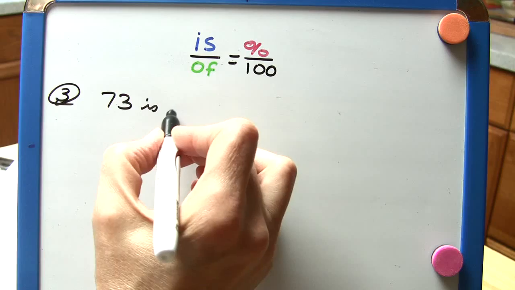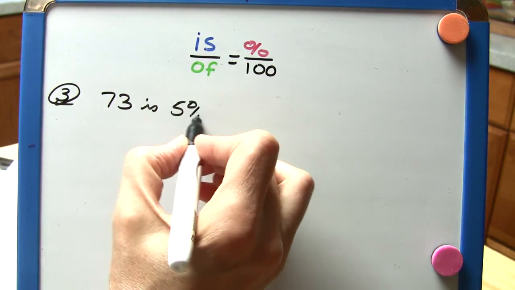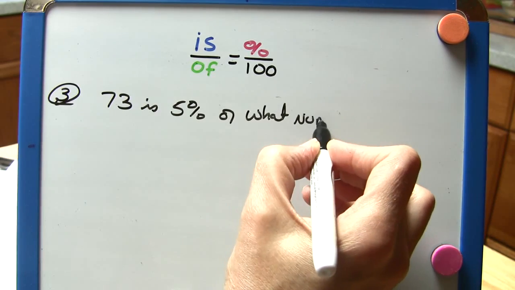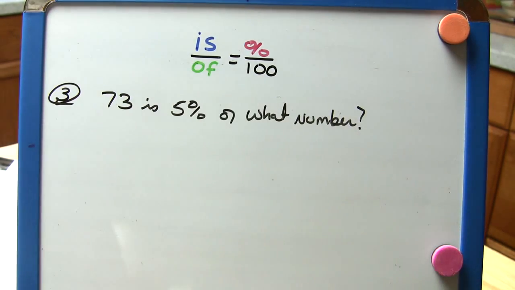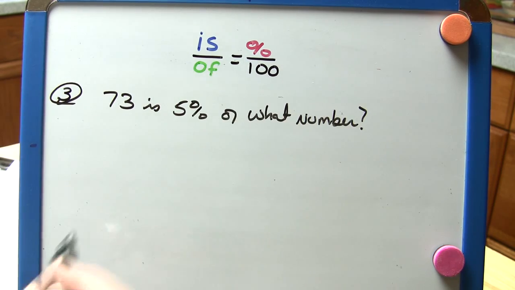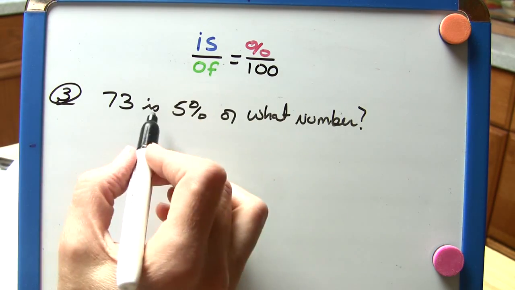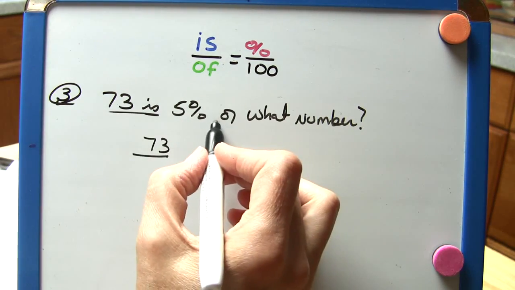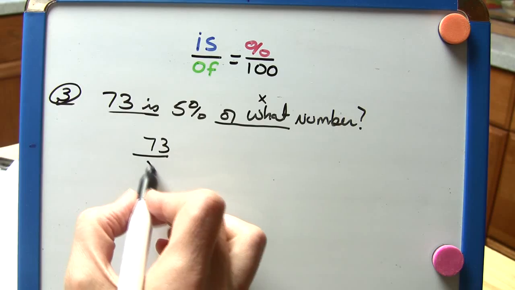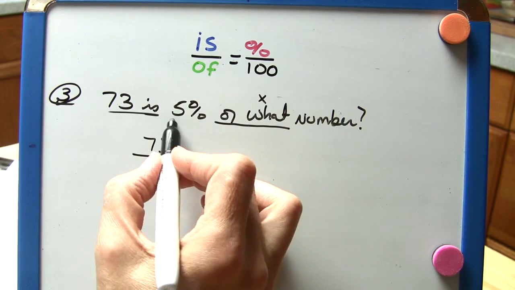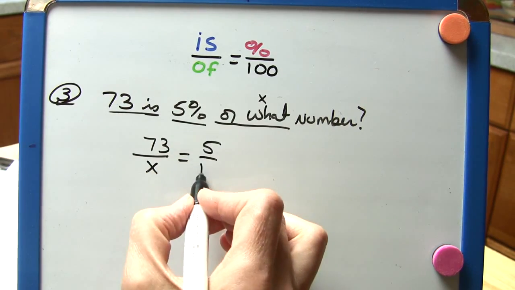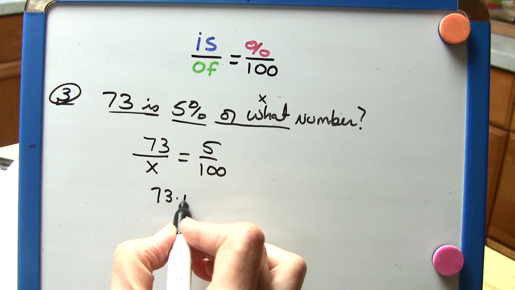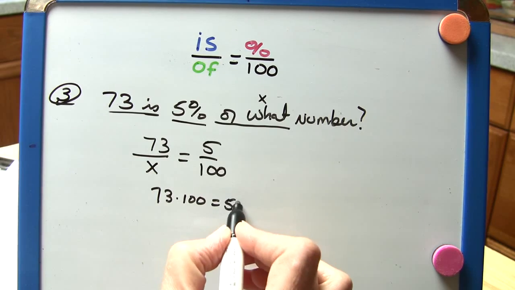Okay. 73 is 5% of what number? Well, let's look for the is. 73 is my is. Of what? That's my x. Percent here is 5 over 100. So doing some cross multiplying here, 73 times 100 equals 5 times x.